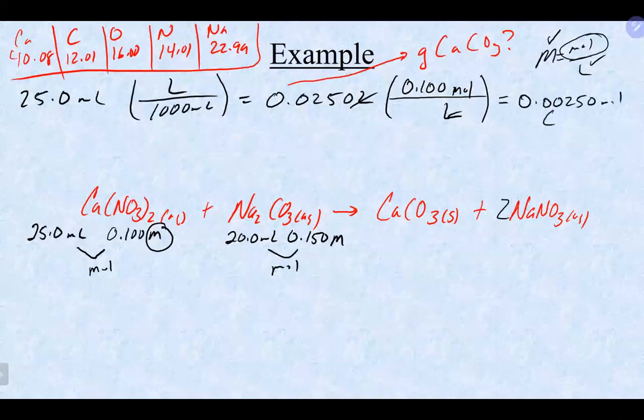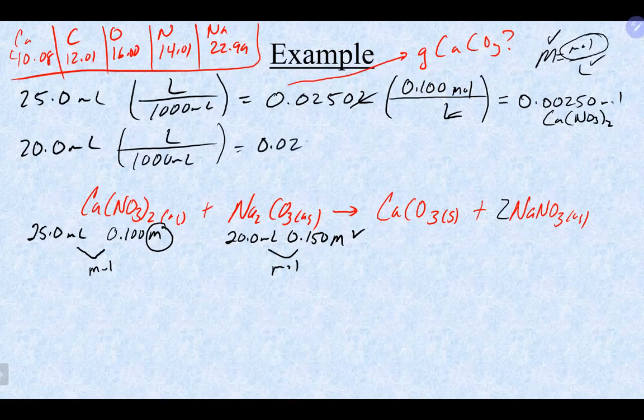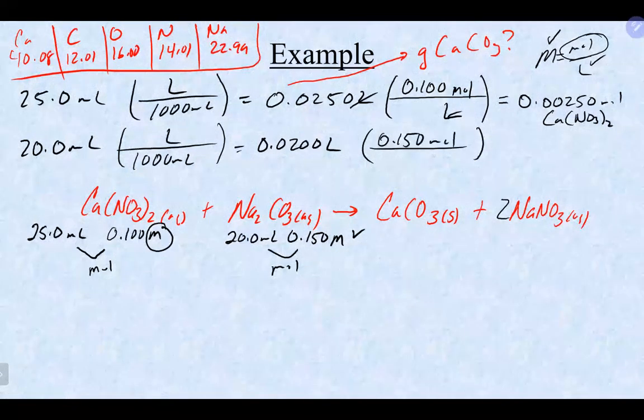We're going to do the exact same thing for our other reactant, sodium carbonate. Once again, we convert our milliliters into liters by dividing by 1,000, which gives us 0.02 liters. We then multiply by the molarity of our sodium carbonate, which is 0.150 moles per liter.